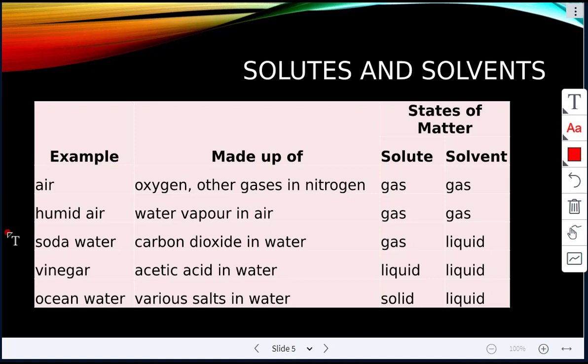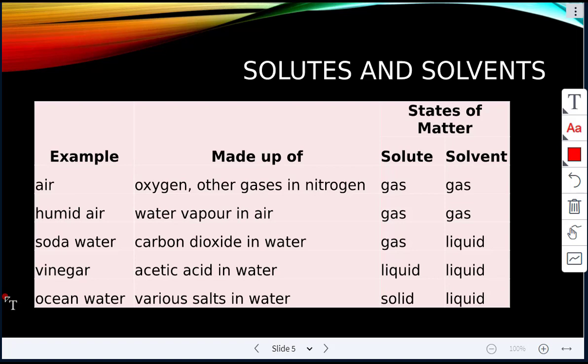When we look at soda water, the carbon dioxide is a gas and it's in water. So the solute is a gas, the solvent is a liquid. Vinegar is composed of acetic acid in water. So that would be a liquid solute and a liquid solvent.